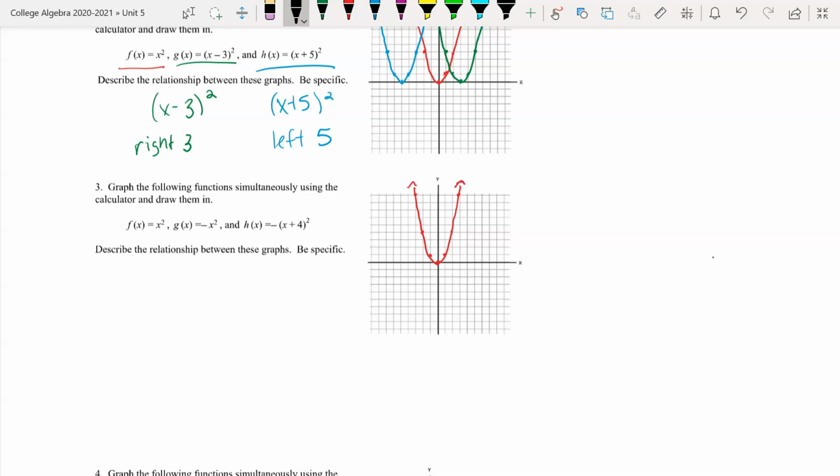So then they give me negative x squared. Do that one in black this time.